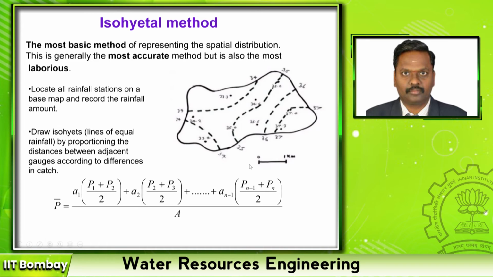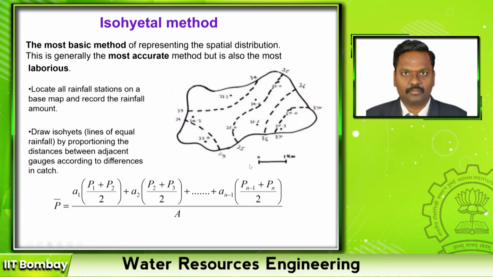For example, I have given a simple problem. There are 4 rain gauge stations A, B, C, D located in a catchment area which is approximately circular, as shown in the figure. So I have the rainfall of A, B, C, D. Find the average by constructing the Thiessen polygon. How to do that? First you connect station A to B, B to C, C to D, D to A. Then draw perpendiculars.